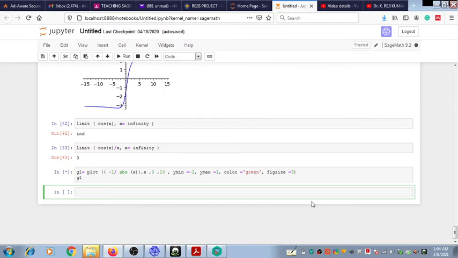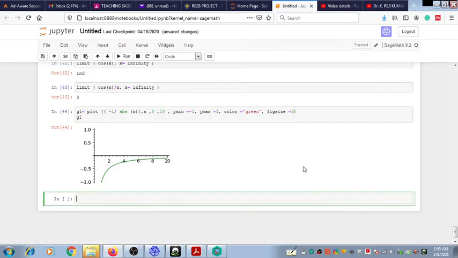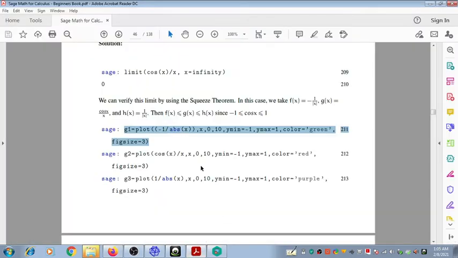We must wait for some time. If there is an error, then the error message will also come, but nothing is there. Now we get that. We have obtained the curve corresponding to the function written there.